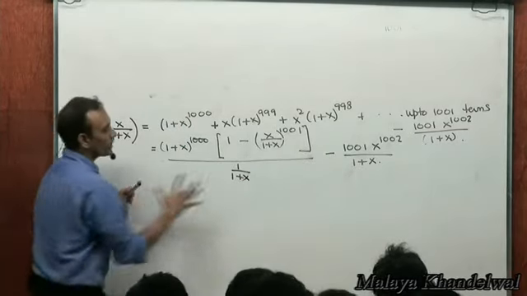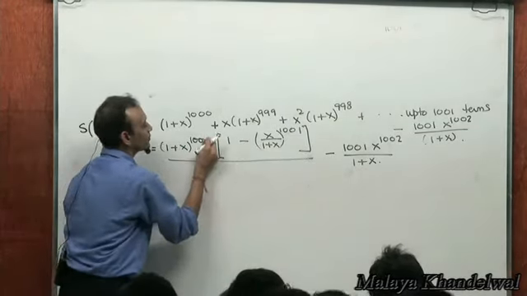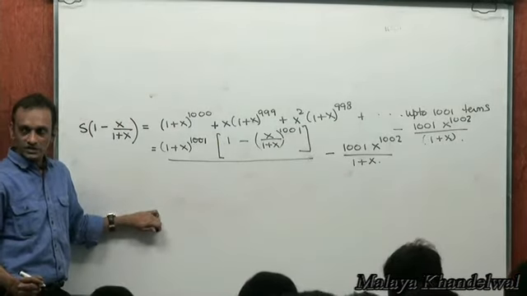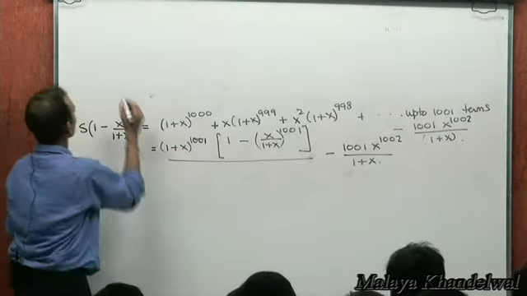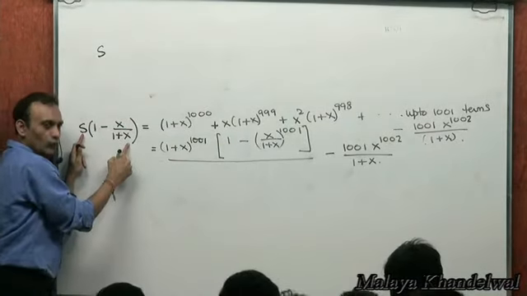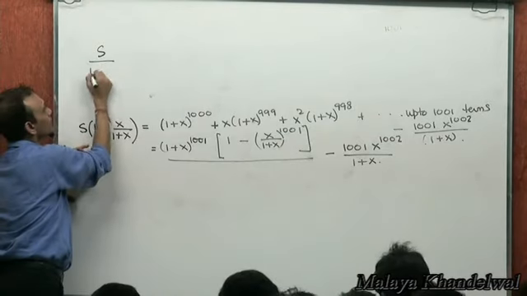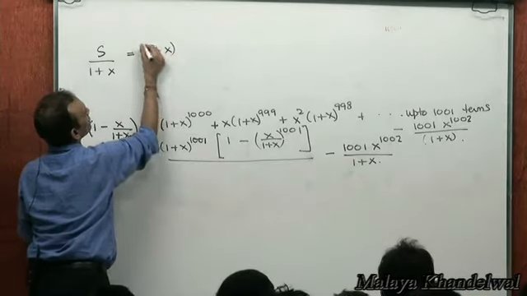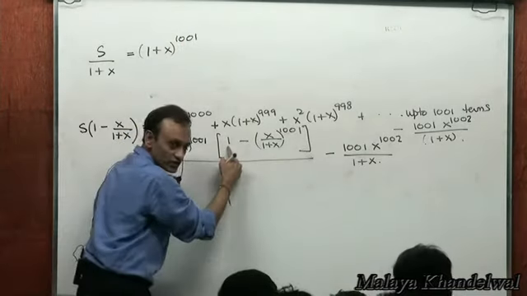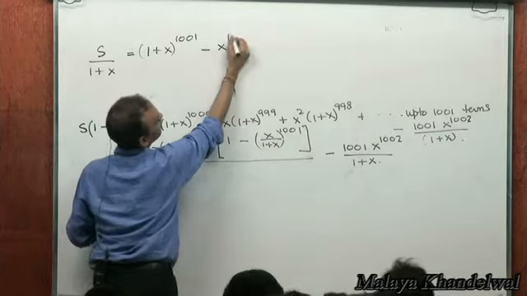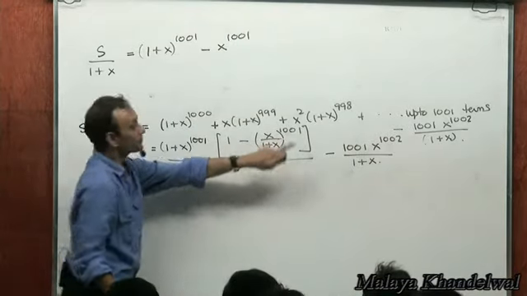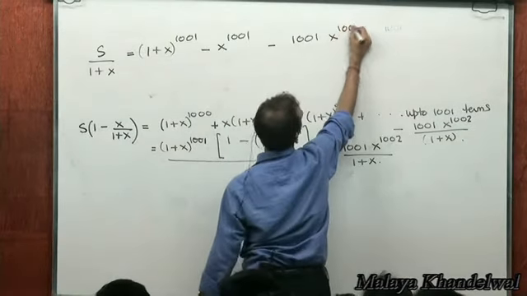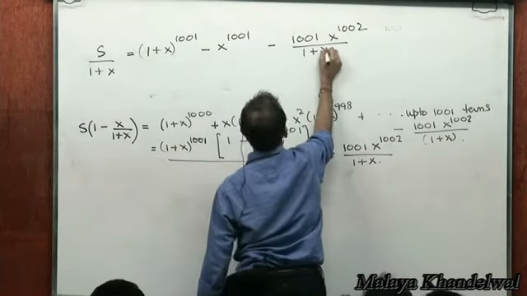And when this goes in the numerator, this will become 1001, right? Now when I multiply it throughout, this s will be 1 by 1 plus x equal to 1 plus x to the power 1001 into this minus x to the power 1001, right, minus 1001 x to the power 1002 divided by 1 plus x, that's s.